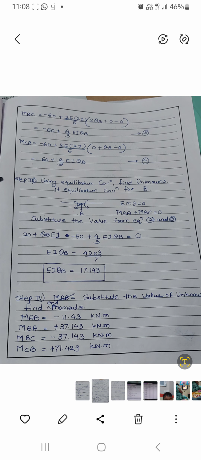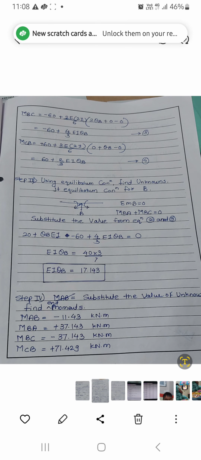You have to use this EI theta B and substitute the value of EI theta B in all four equations of slope deflection, that is equation 1, equation 2, equation 3 and equation 4, and calculate the final end moments, that is MAB minus 11.43 kilonewton meter, MBA plus 37.143 kilonewton meter, MBC equals minus 37.143 kilonewton meter, MCB is equal to 71.43 kilonewton meter. These are the final end moments and these are the final answers.